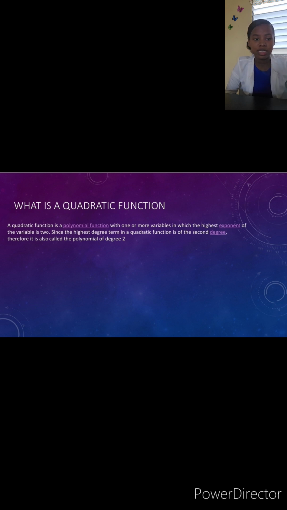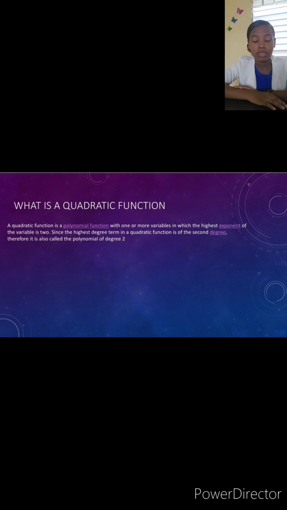Graphically, they are represented by a parabola. Depending on the coefficient of the highest degree, the direction of the curve is decided. The word quadratic is derived from the word quad, which means square. In other words, a quadratic function is a polynomial function of degree 2.